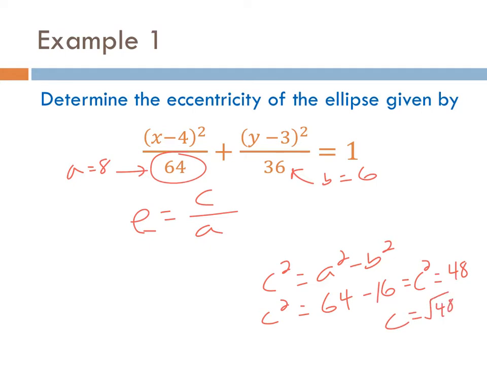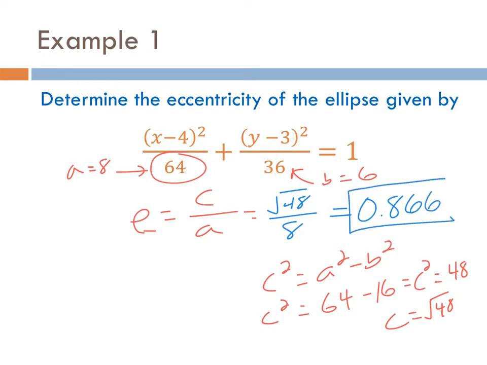Plugging into my formula, it's c over a, so it's the square root of 48 divided by my a value, which is 8. If you do that on your calculator, we get a value of 0.866. That would be my eccentricity value for this ellipse.